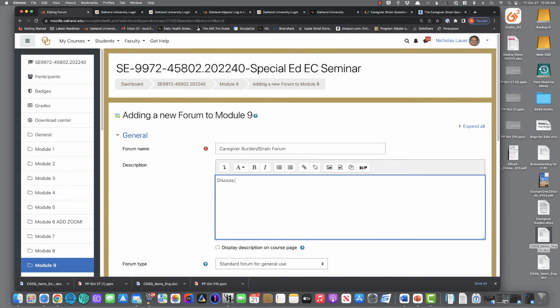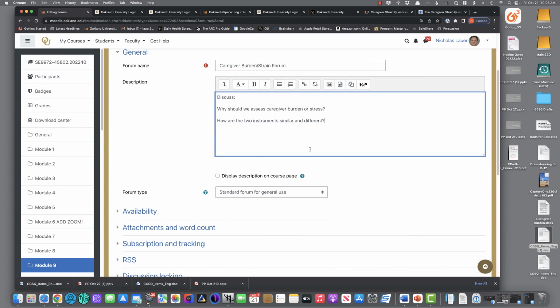Discuss why we should assess caregiver burden or stress, and then how are the two instruments similar and different? So when you get a question like this, how are they similar and different, you've got to talk about both things: what makes them very much the same and what makes them different.